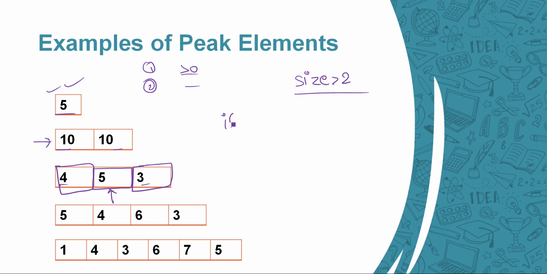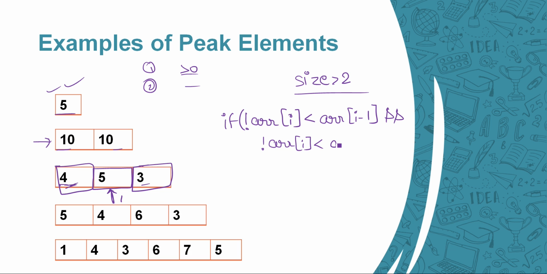So now the condition we are going to apply is if arr[i], let's say the i value is 1, should not be less than arr[i-1], the left neighbor. Also arr[i] should not be less than arr[i+1].